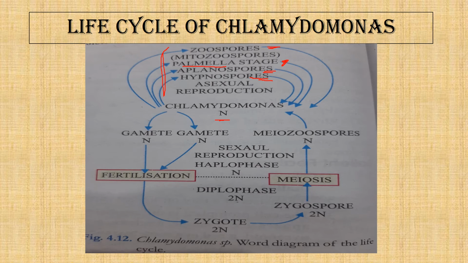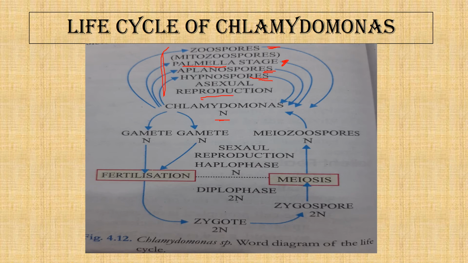They do not have flagellation. These are asexual methods of reproduction, but mostly the spores develop dark coloration, mostly reddish coloration, to protect themselves from UV rays. These are resting spores. Now, this type of asexual reproduction happens during the growing period.